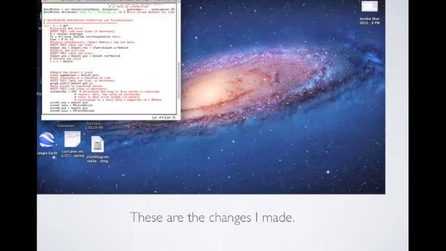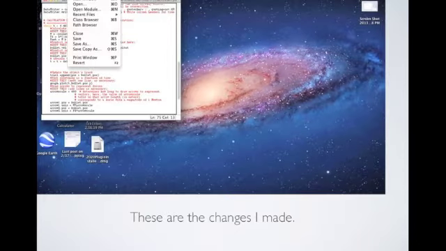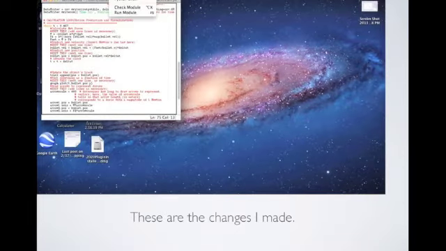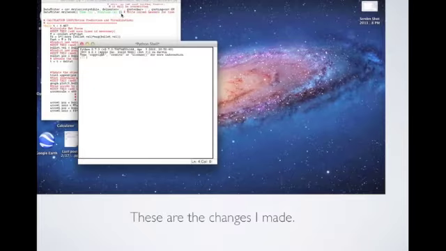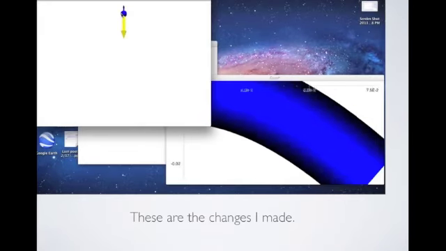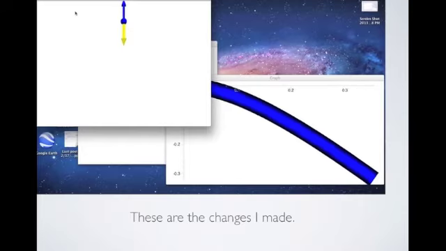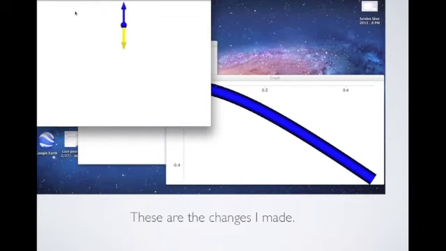Now I uncomment the drag force and run it again. With the drag force, the arrow does not get as big as it did earlier because the drag force is calculated in.